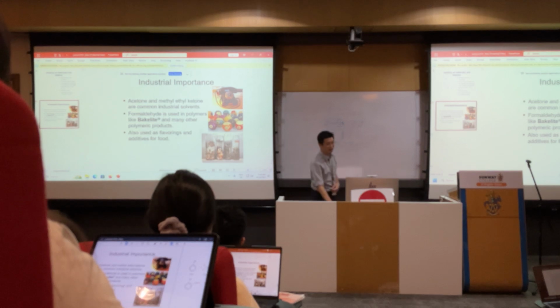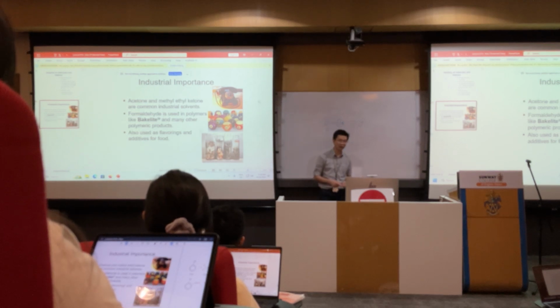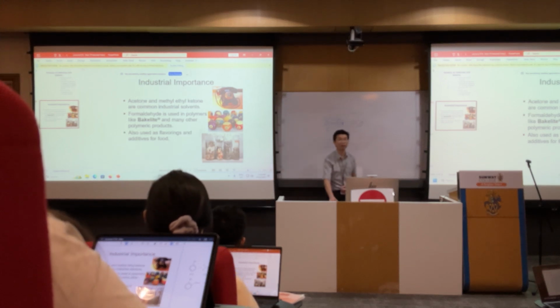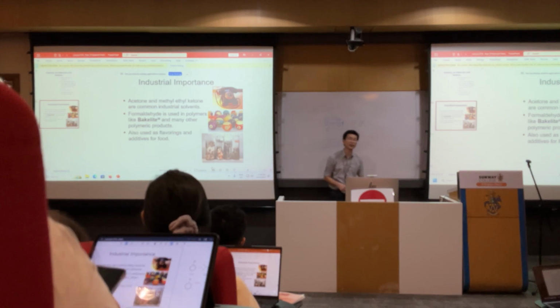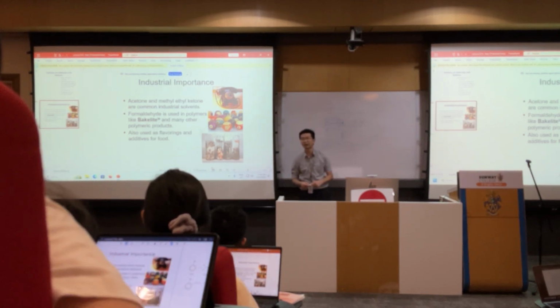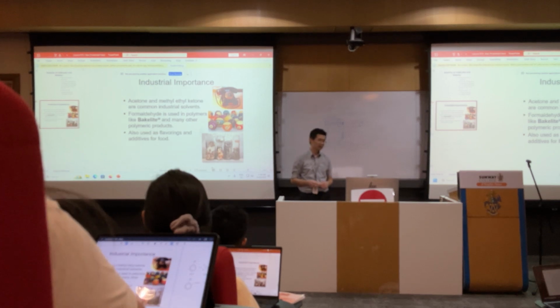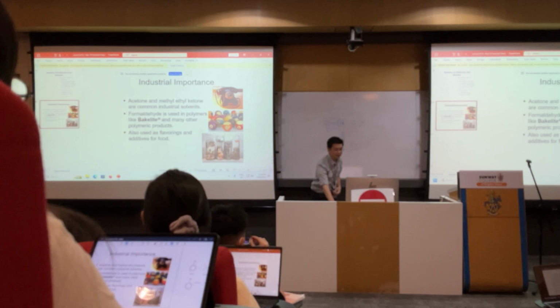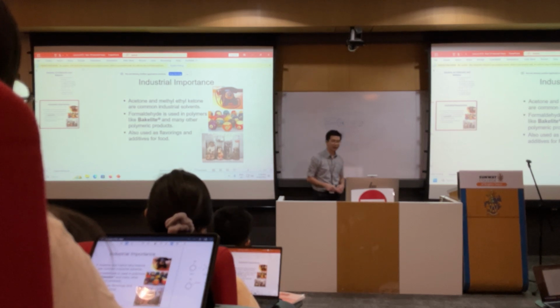And we have formalin. Okay, the main ingredient is formaldehyde, with a composition of 40% formaldehyde, used for preserving animals.